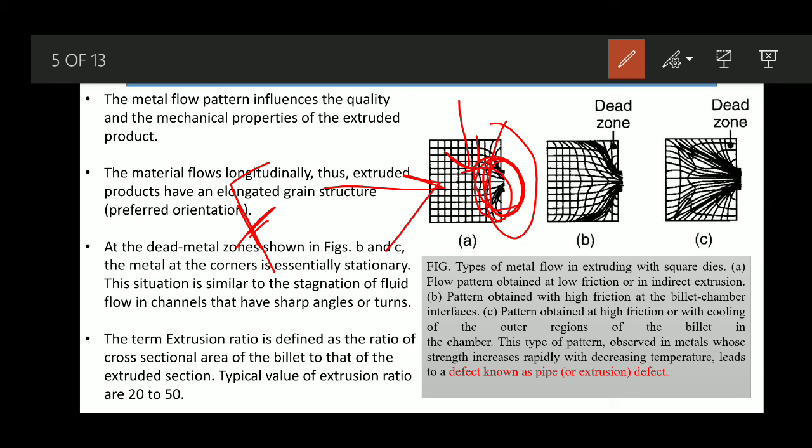Depending on the opening of the die, the metal will come out through it. Some deformation on the metal is going to happen, the metal has to flow, and after that it will come out through this opening.